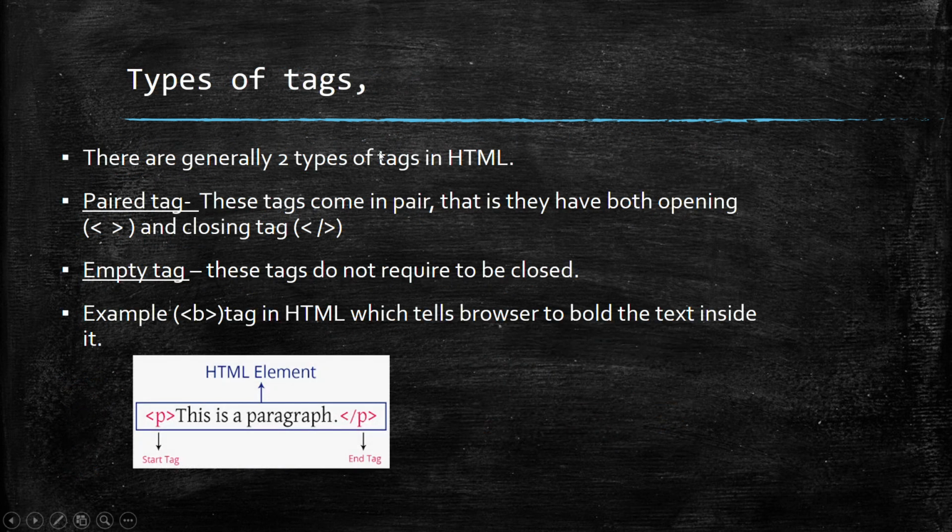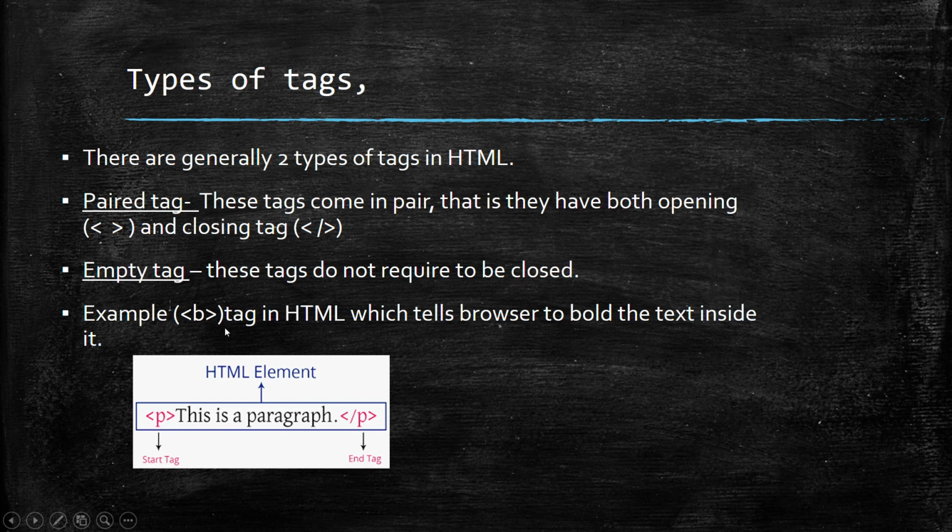Basically, there are two types of tags in HTML. One is the pair tag. These tags come in pairs with an opening and a closing tag. The opening tag is specified with an angular bracket and the closing tag is specified with an angular bracket along with a slash. These are pair tags. And the empty tag: these tags do not require to be closed.